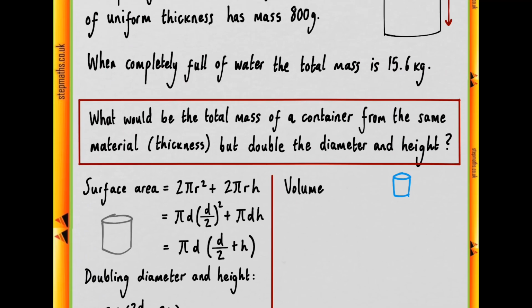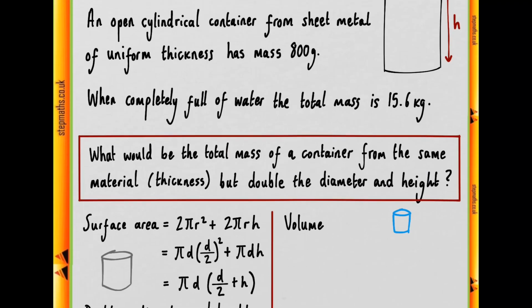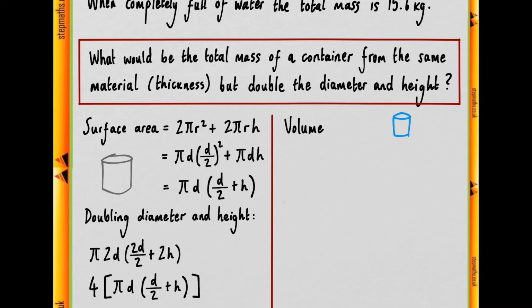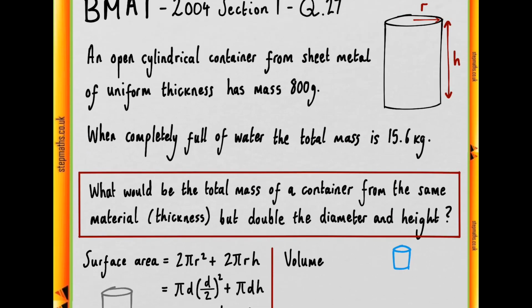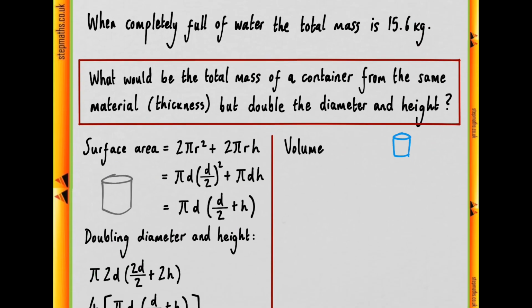Now let's think about the volume of water, given that the thickness will remain the same, but the shape of our container will be changed because of the change in the diameter and the height. So what's the volume of a cylinder? That's just the cross-section area multiplied by the height. The cross-section area is pi r squared, and we multiply that by the height, h.